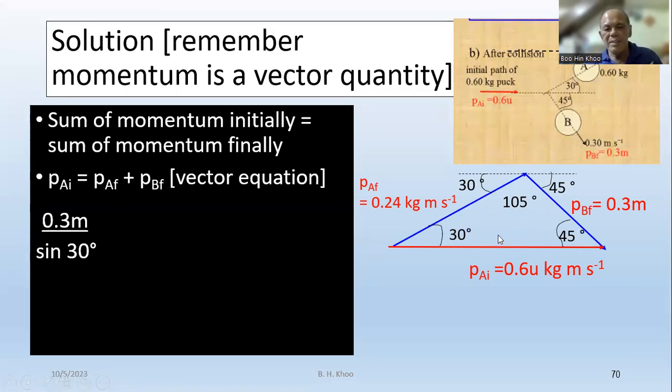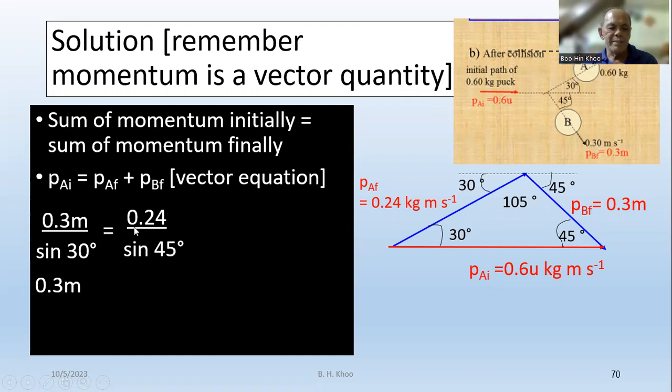Sine rule: momentum over sine 30 equals, this is known, so use that, 24 divided by sine 45.